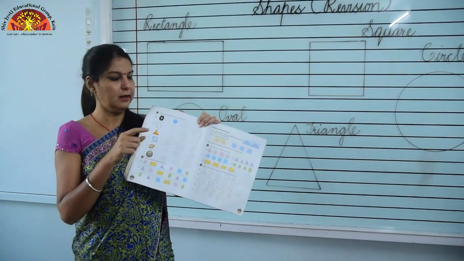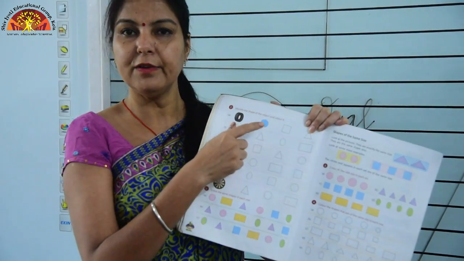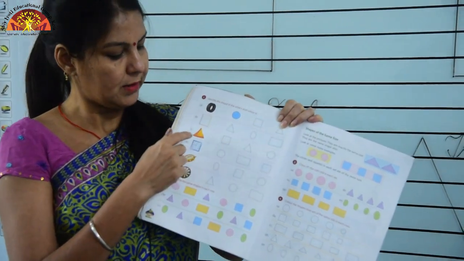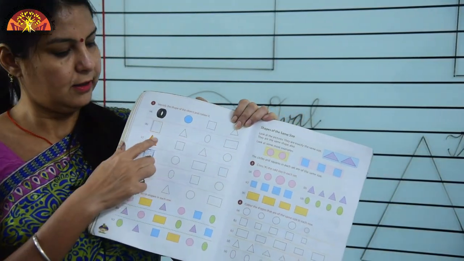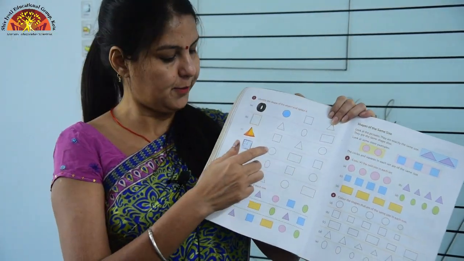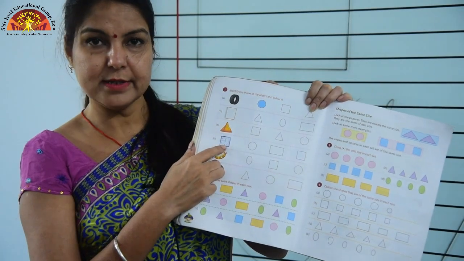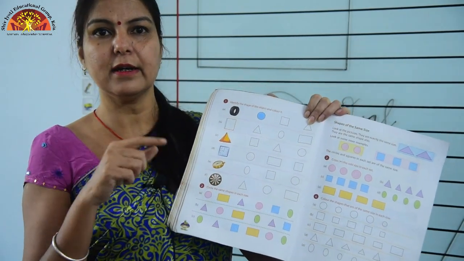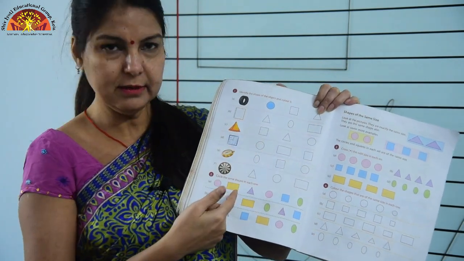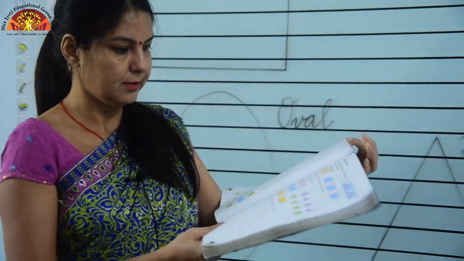It looks like a circle shape. So we will color circle here. I gave you example of samosa. Samosa looks like triangle. So we will color triangle here. Clock you can see at your home also. It looks like a square shape. The other you can see and do it.